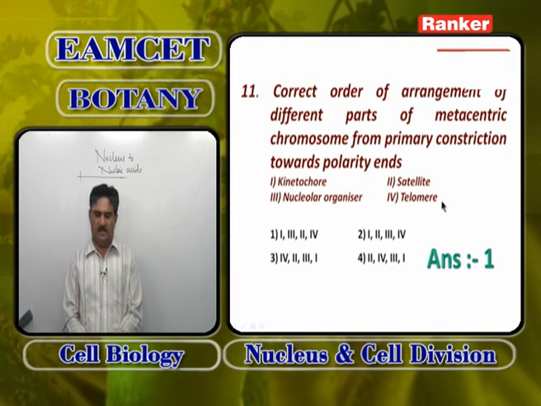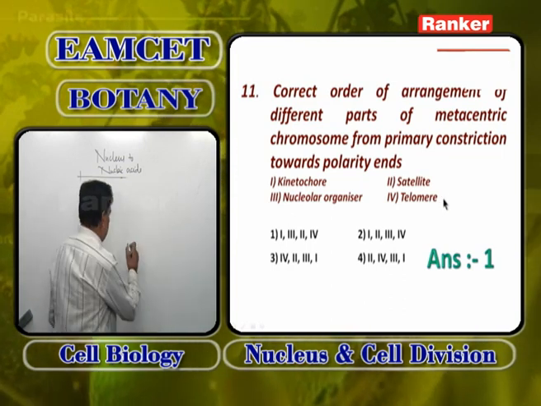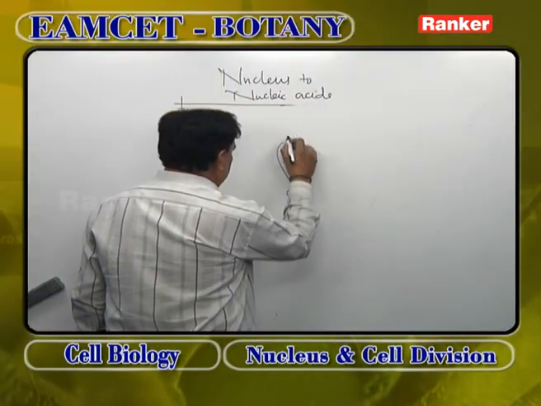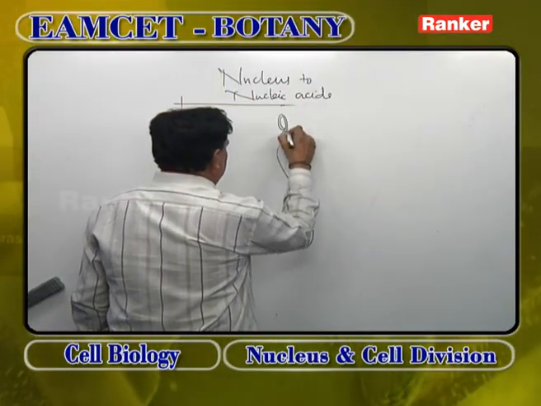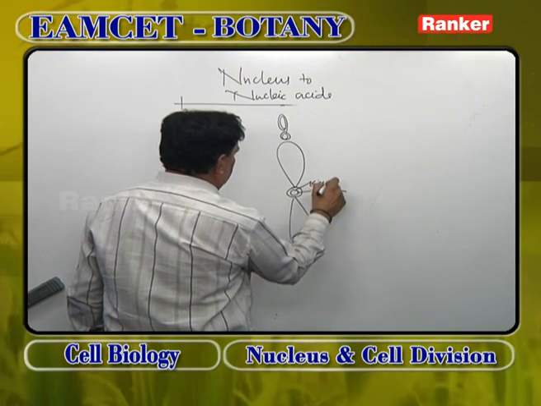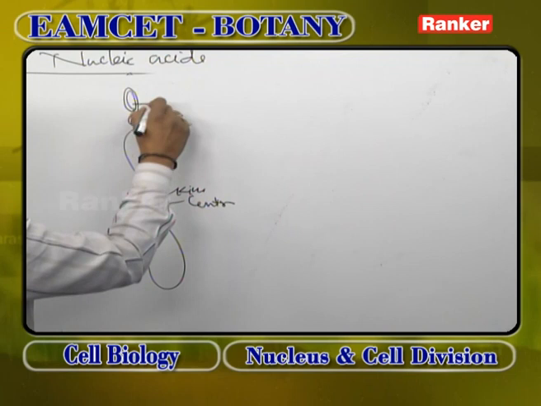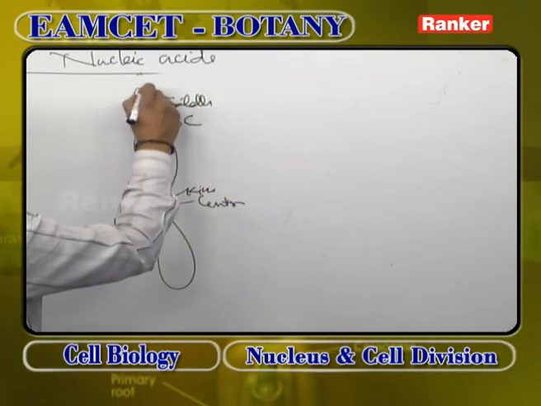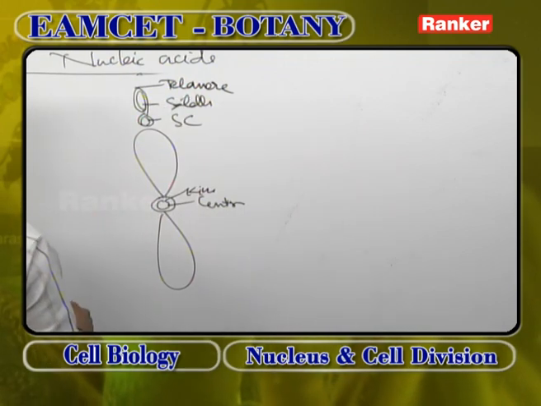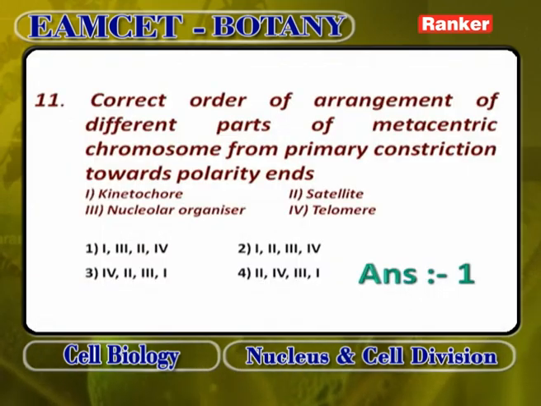Then telomere. So from centromere, see, this is chromosome, this is secondary constriction, and this is telomere. This is centromere with kinetochore. This is secondary constriction. This is satellite, and this is telomere. So terminal end of chromosome with the polarity is called telomere. So order is kinetochore, secondary constriction, satellite, and telomere.